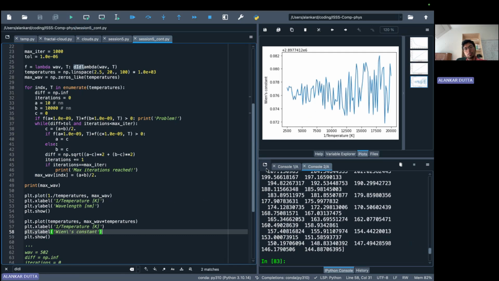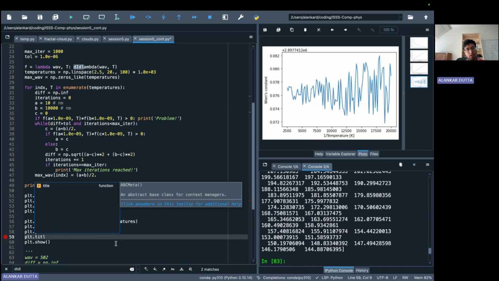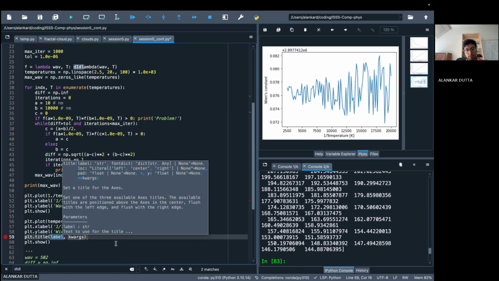Okay. You see, it's very close, oscillates, but very close to this value, and the Wien's constant has the units of nanometers times Kelvin. And if you want to see, say, the average, then you can also write plt dot title Wien's constant.